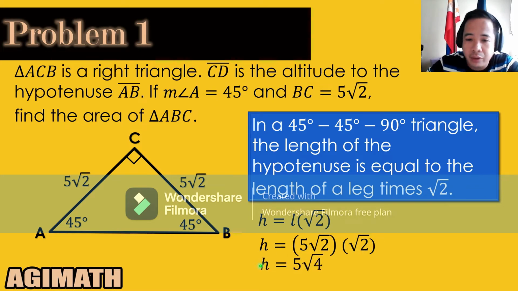And of course, I know you know the answer. Square root of 2 times square root of 2 is equal to square root of 4, and square root of 4 is equal to 2. So we will have 5 times 2, and that is equal to 10. So the hypotenuse is equal to 10. It means that AB is equal to 10.